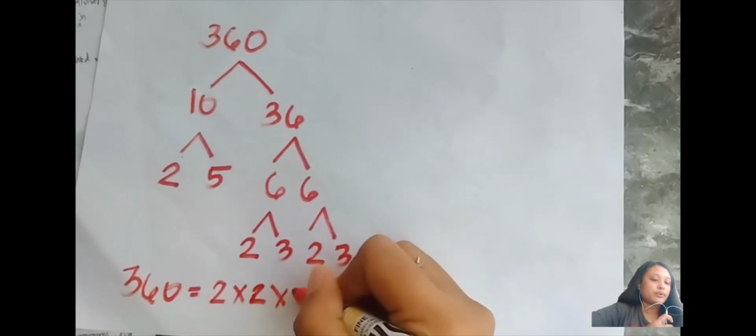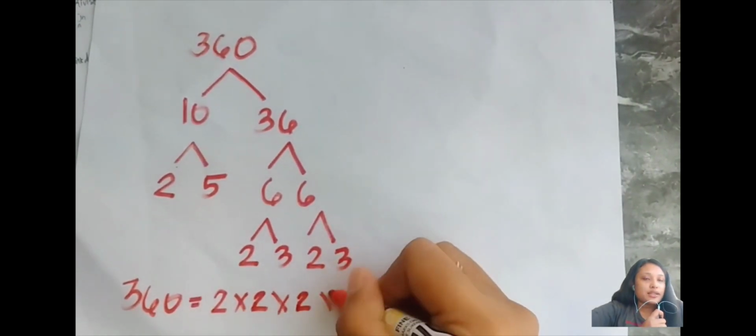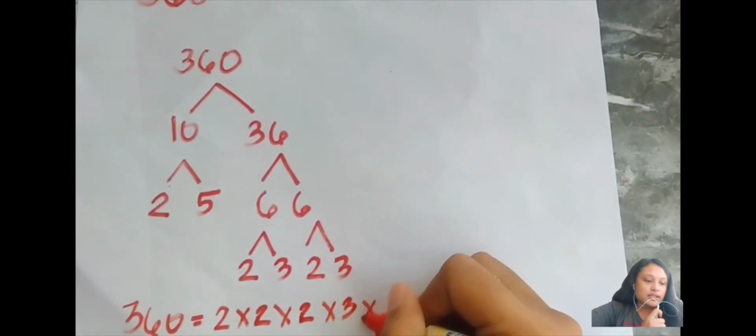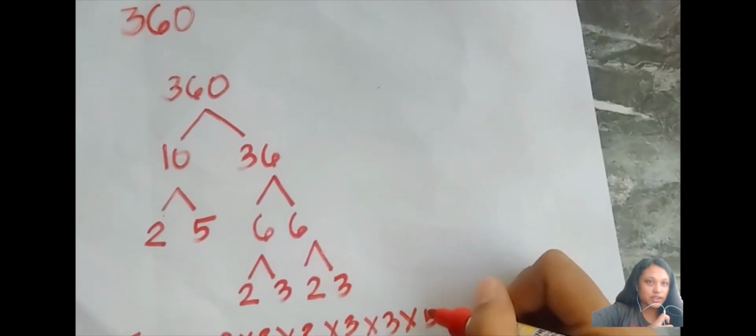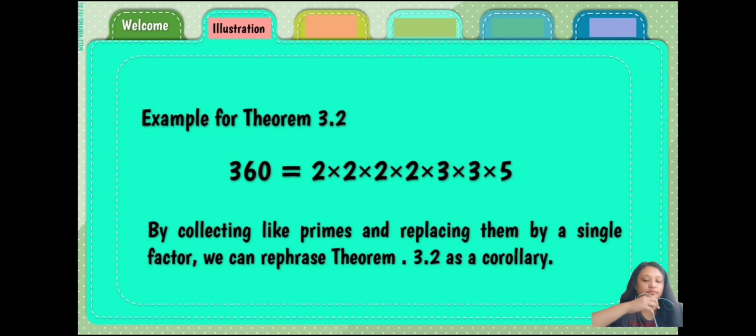So we can express this as 360 equals 2 times 2 times 2 times 3 times 3 times 5. By collecting the like primes and replacing them by a single factor, we can rephrase theorem 3.2 as a corollary.